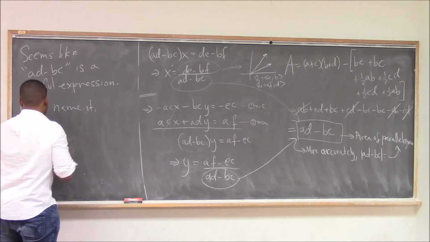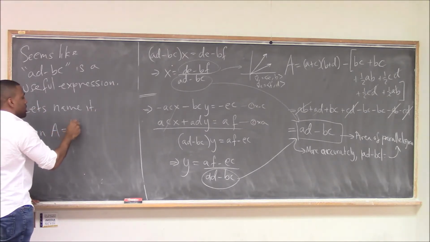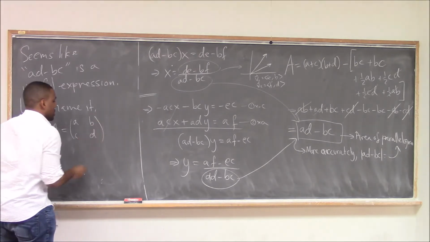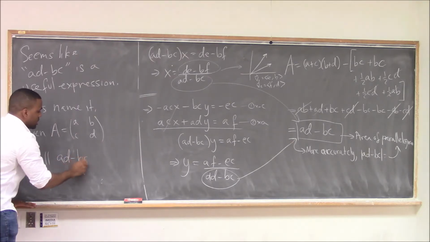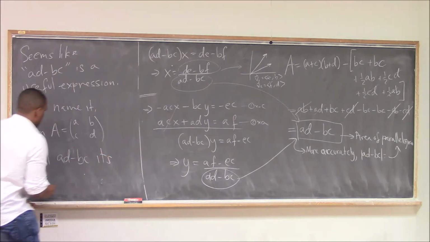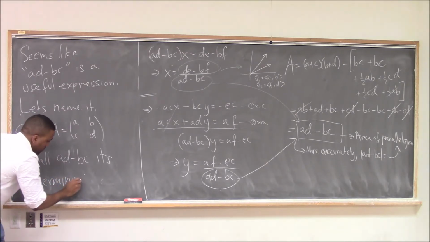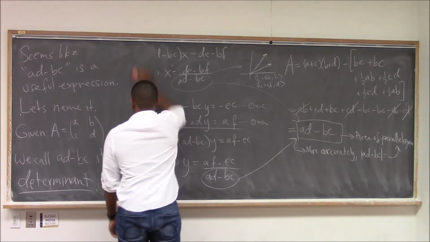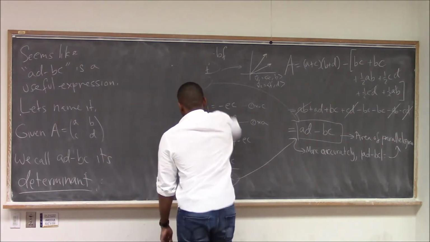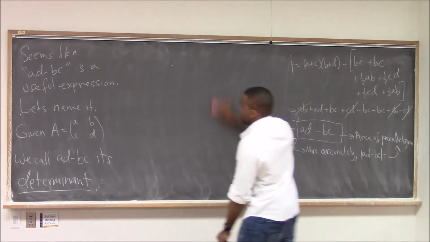Let's name it. So given A equals a matrix A, B, C, D, we call AD minus BC its determinant. In other words, more specifically, I just found what we call the determinant of a 2 by 2 matrix.